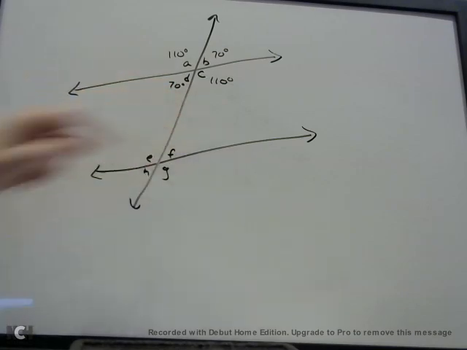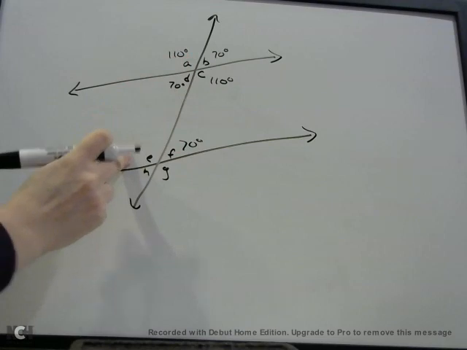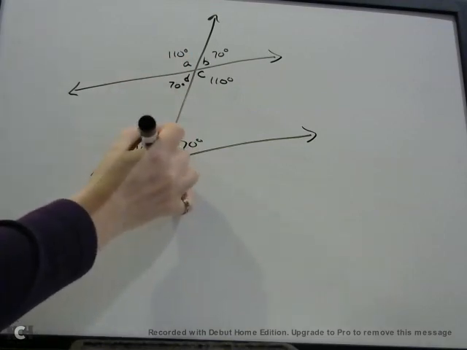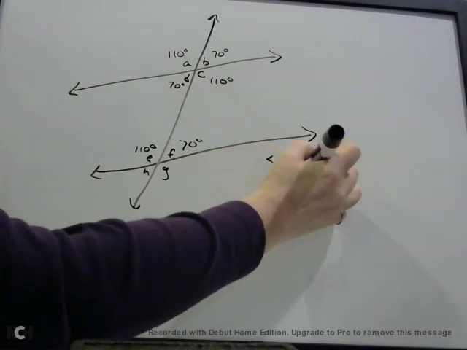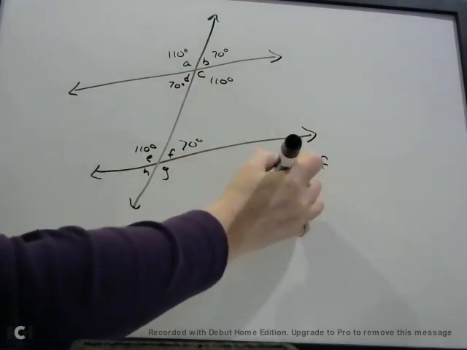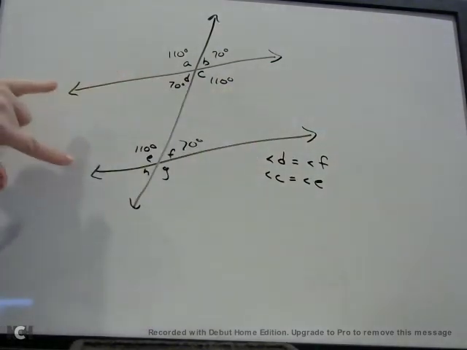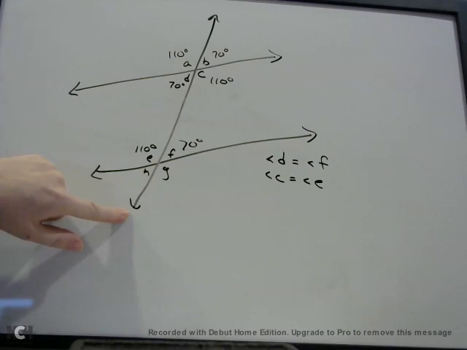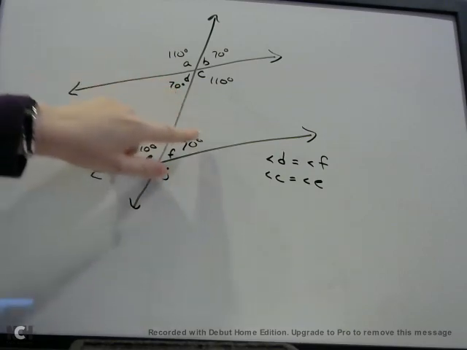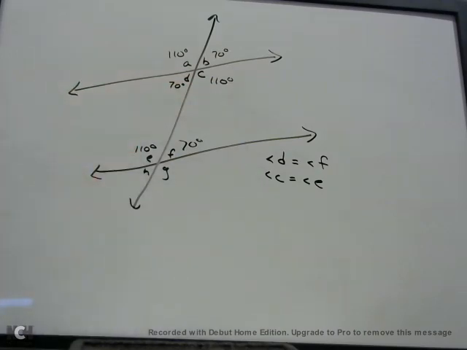So angle D is equal to angle F, and angle C is equal to angle E. When you have two parallel lines that are intersected by a line, the two opposite, D and F, C and E, are equal.